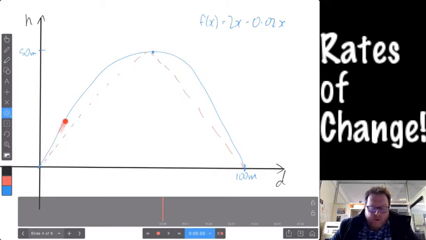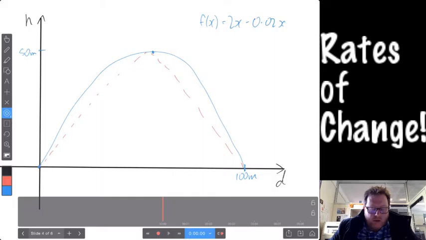Everywhere along this blue curve tells us how high the ball was for a particular distance. So the rate of change is how much height is gained per distance traveled. And because it's a parabolic curve, we can see that it starts off slower but gets a little bit faster up to a particular height, and then it drops down again as well. So the rate of change of height to distance is changing all the way along the graph.